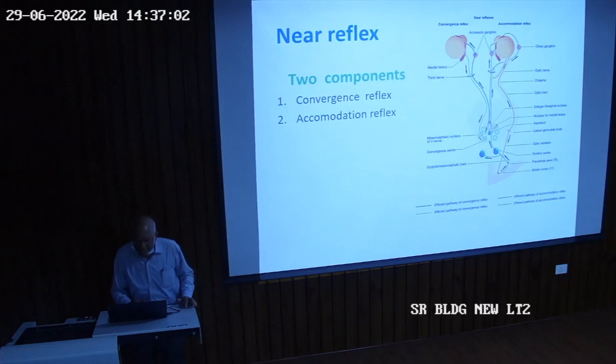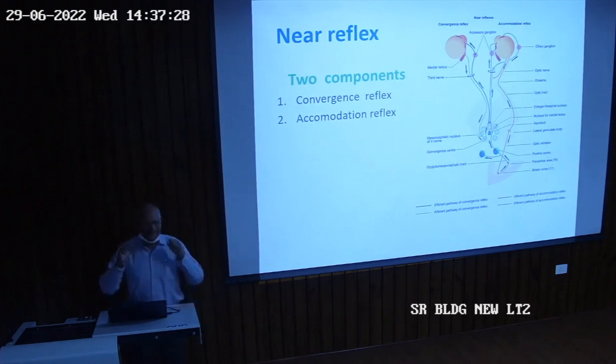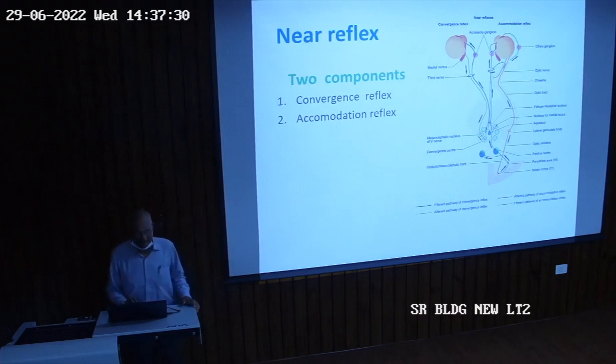Then the occipito-mesencephalic tract, pontine center, and the Edinger-Westphal nucleus on both sides, and the sphincter pupillae and ciliary muscles are involved, causing pupillary constriction. So in both ways, whether convergence or accommodation, pupillary reaction is involved.